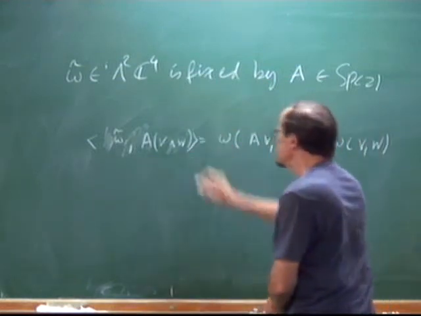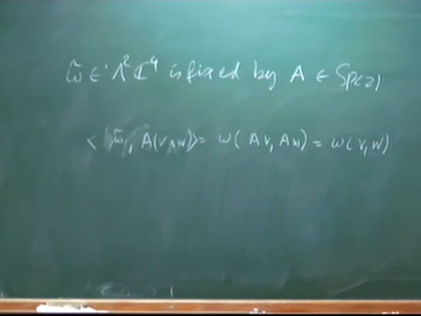Why am I done now? Is that what you wanted to do? Why am I done? Because on the left you have A acting on omega bar.